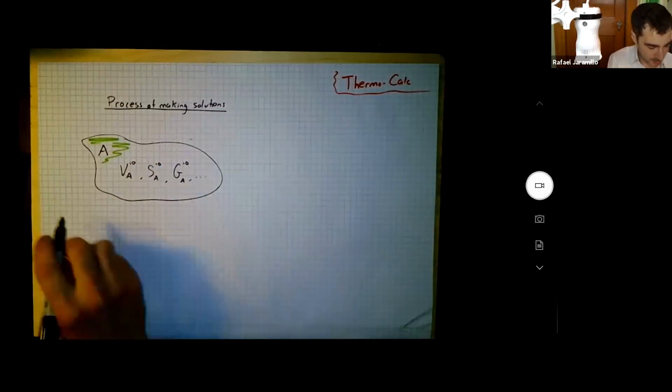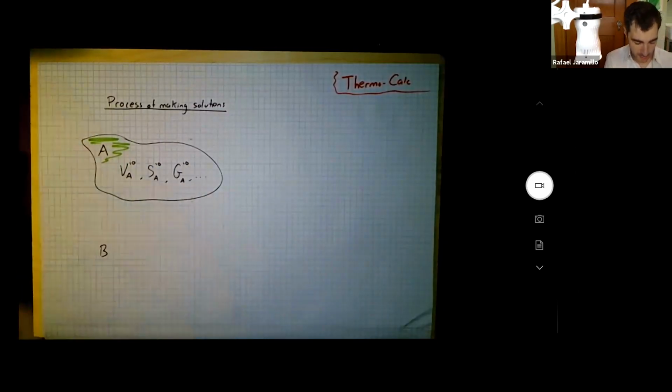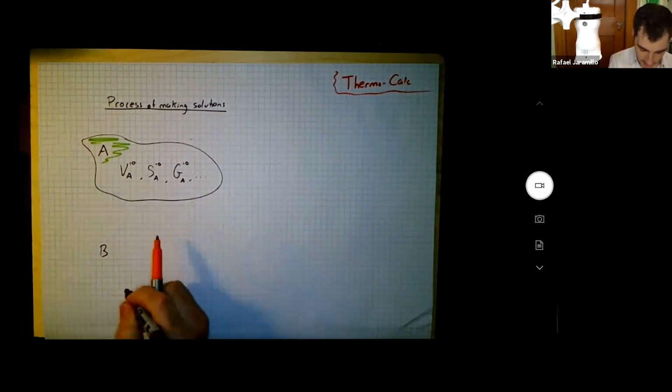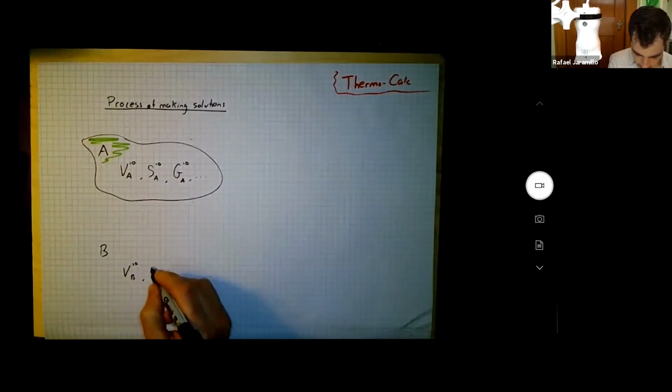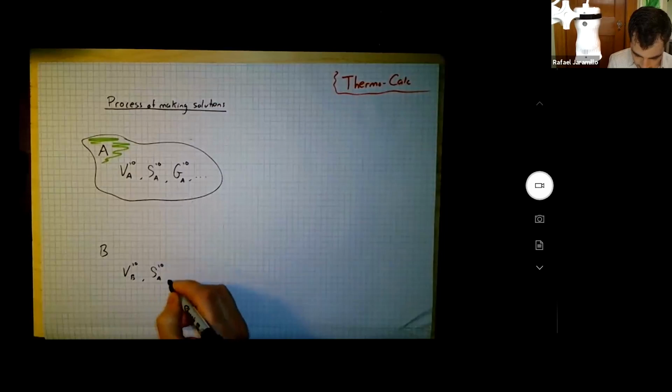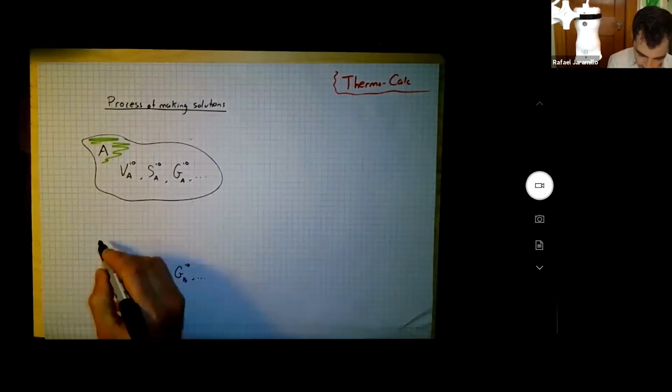And we're going to do something similar with B. So we have a container of B. It has its own volume, its own entropy, its own Gibbs free energy, and so on.